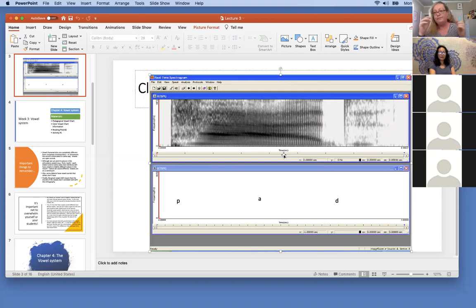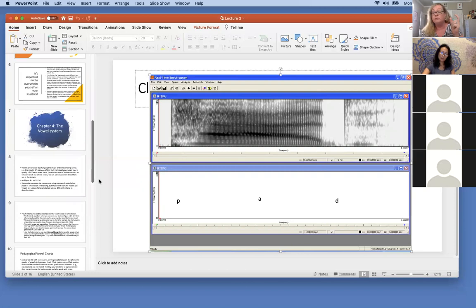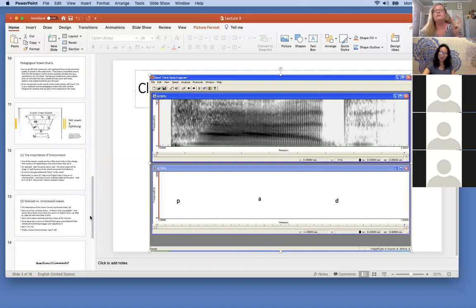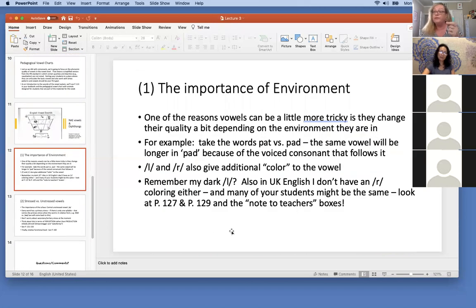And in the case of pat, because that vowel is followed by a voiceless consonant, the vowel itself is going to be shorter. So that's something that happens to vowels when you put them inside an actual context. Their length changes, and it has nothing to do with the vowel itself. It has to do with the context in which you put the vowel.